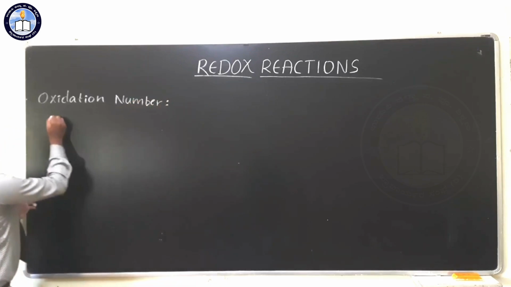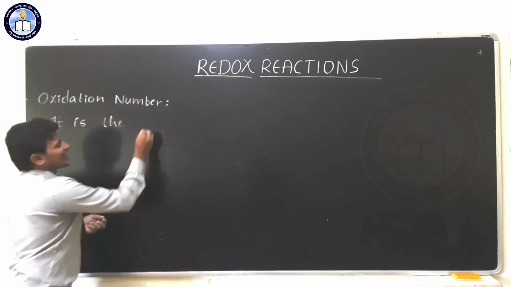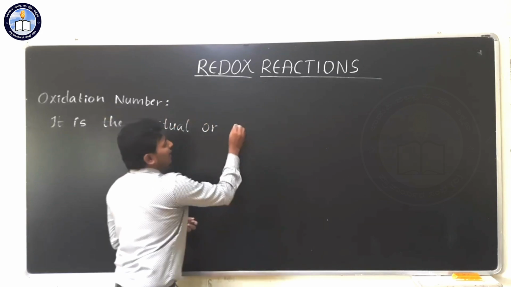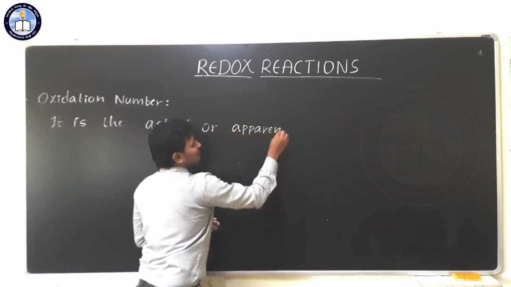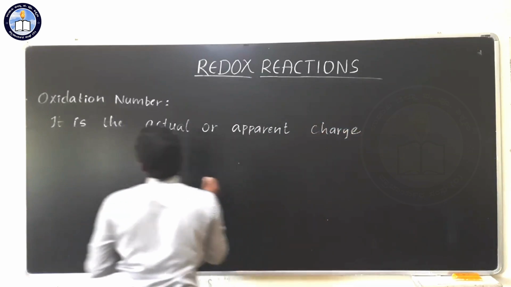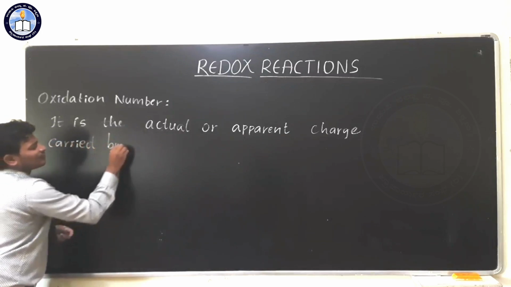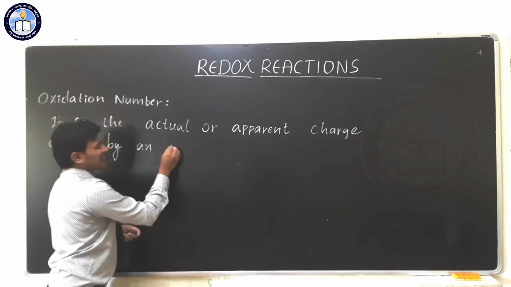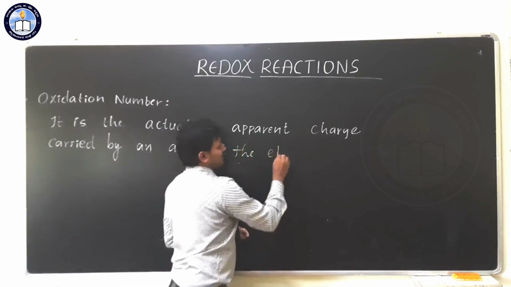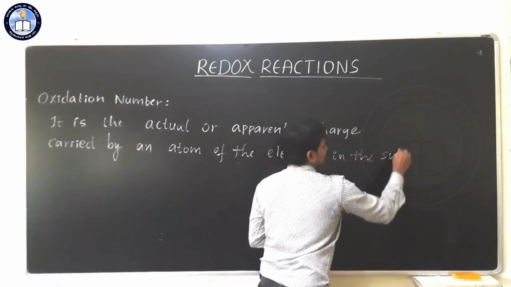Oxidation number is the actual or apparent charge carried by an atom of the elements in the substance.